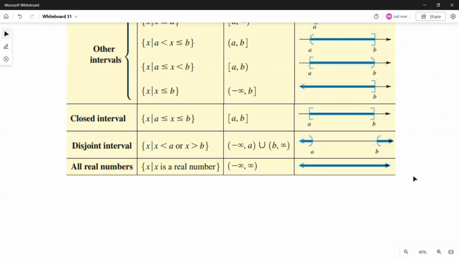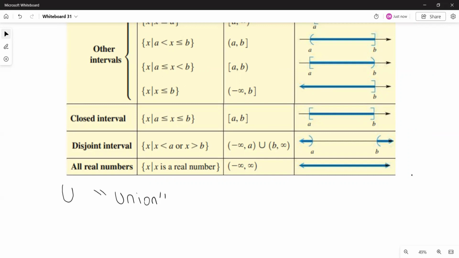A disjoint interval is going to be the union. So this symbol represents union. When we solve inequalities, sometimes we're going to have two separate inequalities, and we write them with the union symbol.